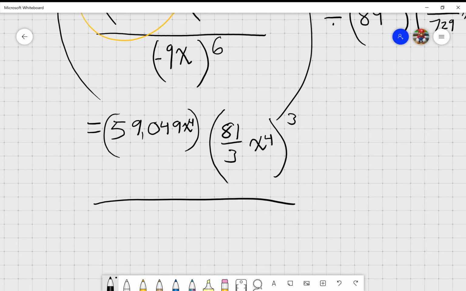On the bottom we have negative 9x to the power of 6. In our calculator we can put in brackets so that we don't get a negative exponent. We can put negative 9 to the power of 6, and this is the number I end up with.